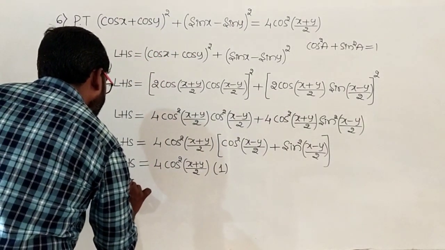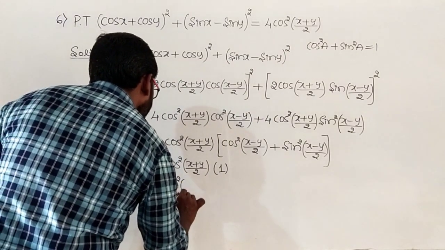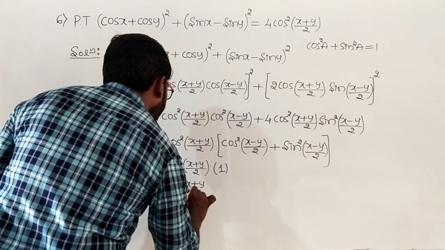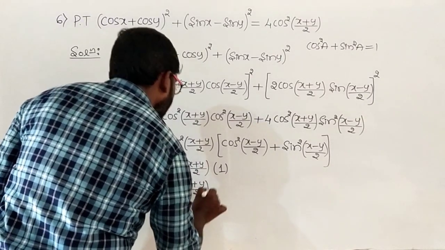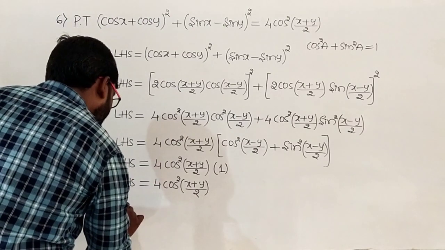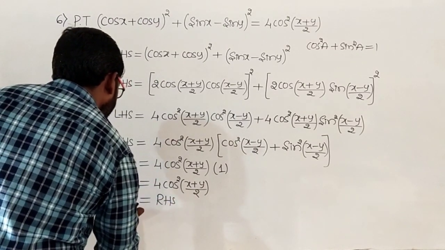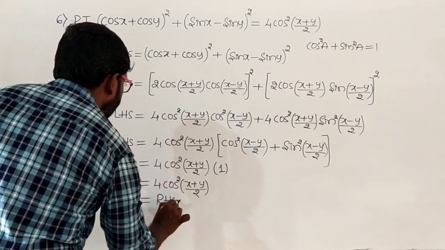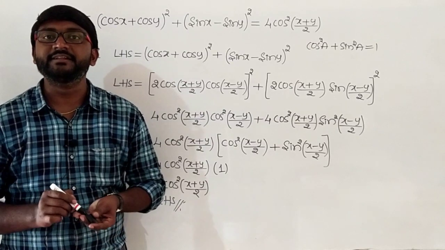Left hand side equals 4 cos square of (x plus y) divided by 2, into 1, which is 4 cos square of (x plus y) by 2. So this is the required RHS. So here we have proved LHS equals RHS. So this is all about the 6th miscellaneous problem.